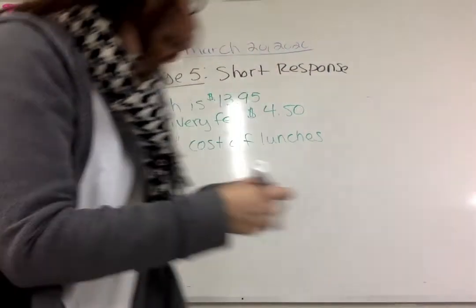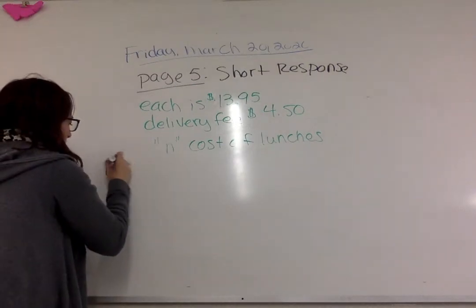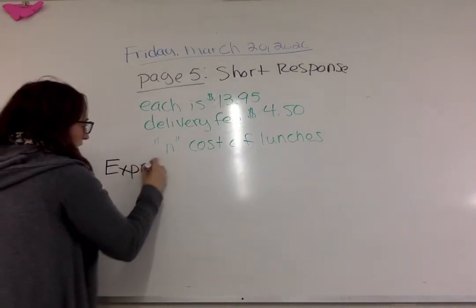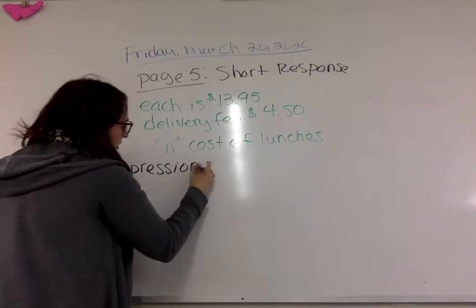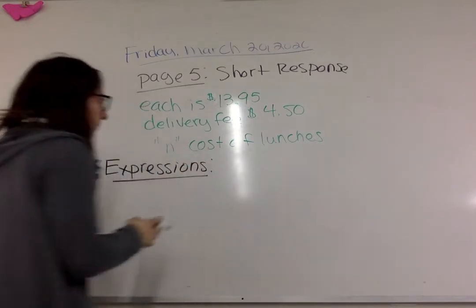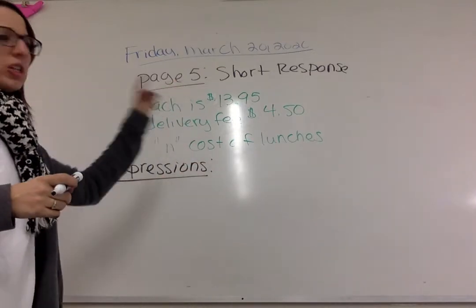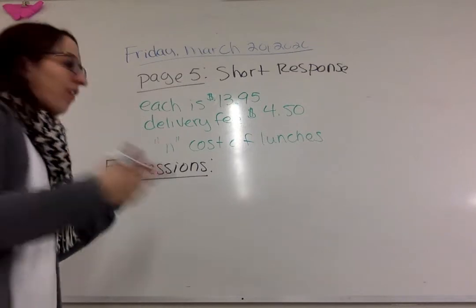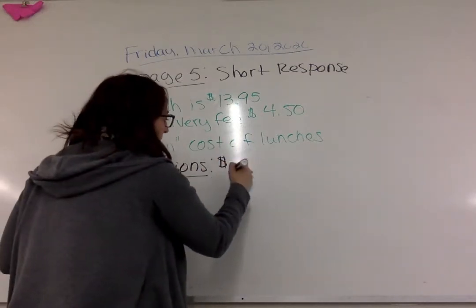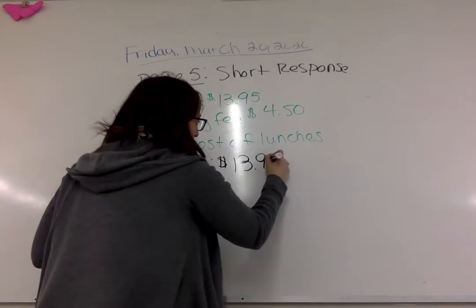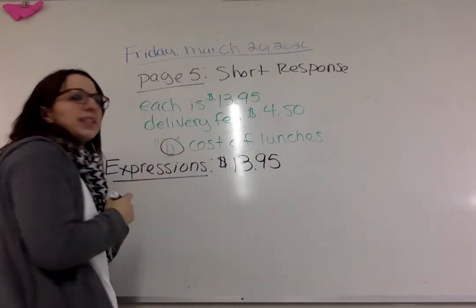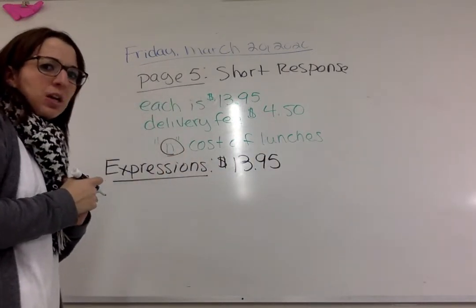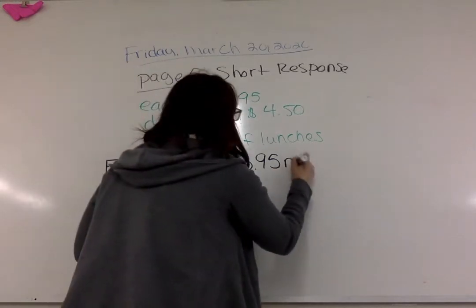So let's look at how we do this. So let's look at what the expression will look like. Expression. Remember, expressions do not have an equal sign. So each lunch is $13.95. That means I'm going to multiply the cost times the number of lunches that he buys, which is N, by showing it by multiplying.